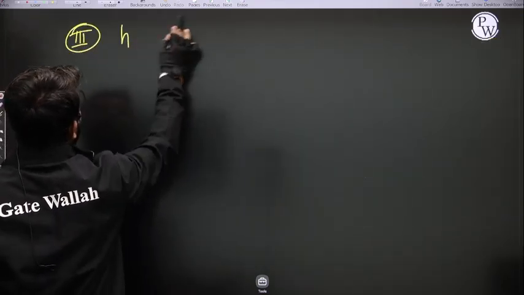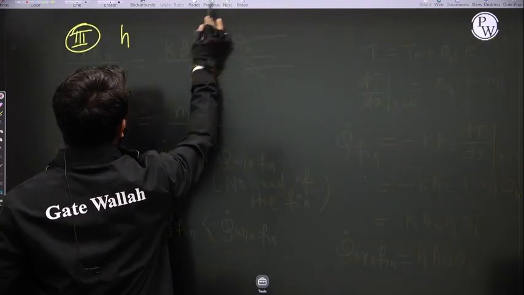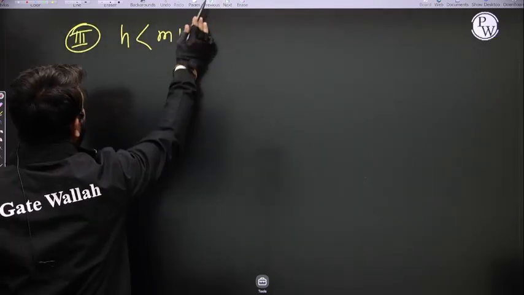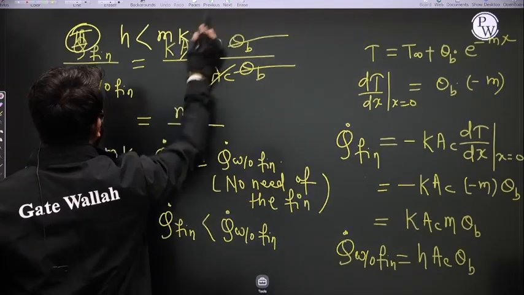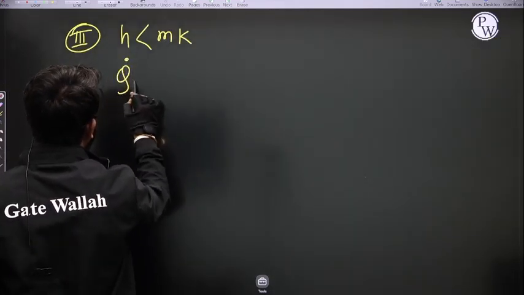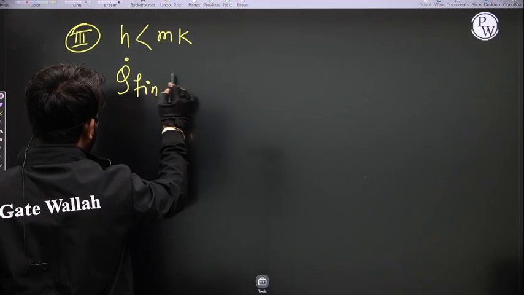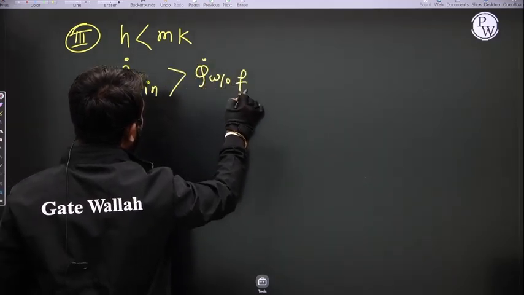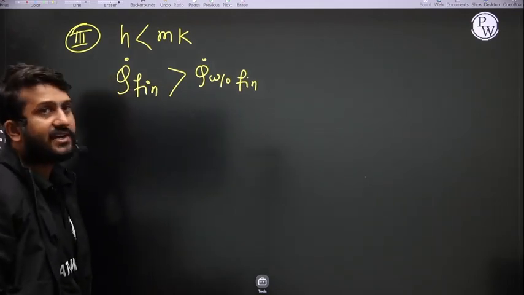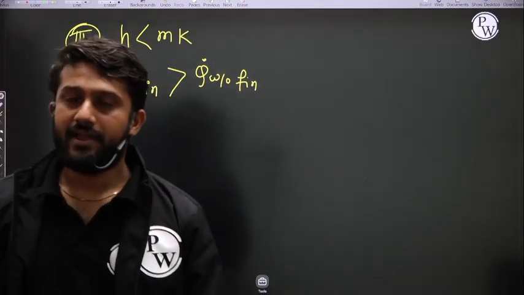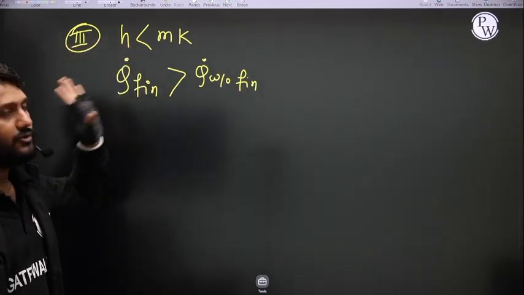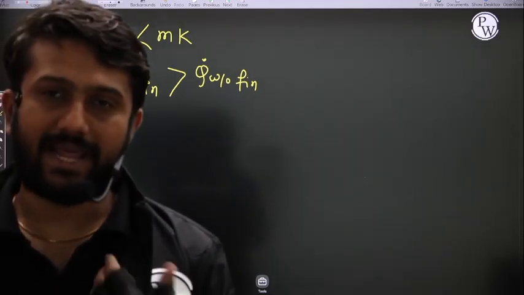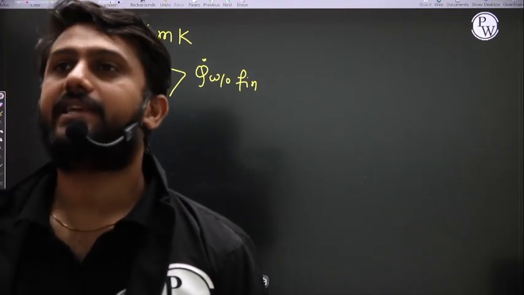When H is lesser than mk, or I can say mk is greater than H, only in this case, the rate of heat transfer with fin is greater than the rate of heat transfer without fin, and in this case you apply the fin, because when you apply the fin, the rate of heat transfer increases.